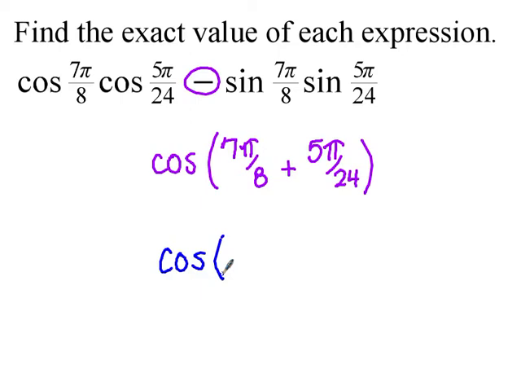Now this is the easy way. Remember what we do? We leave the pi out and we just add the two fractions. So we add 7/8 and 5/24. So what do you get when you add 7/8 and 5/24?